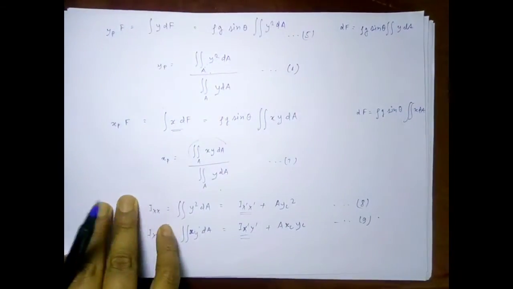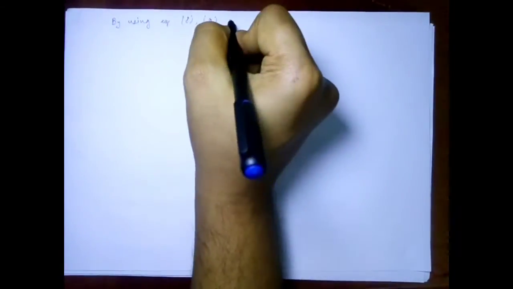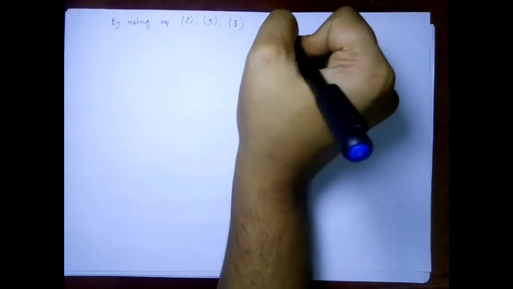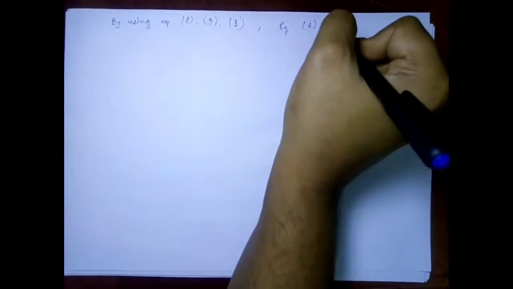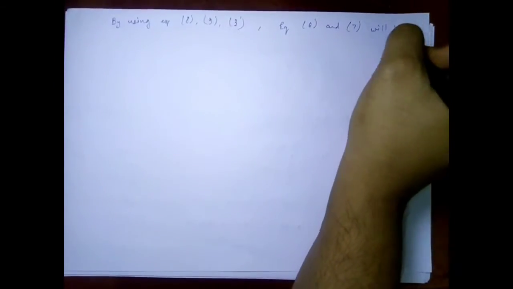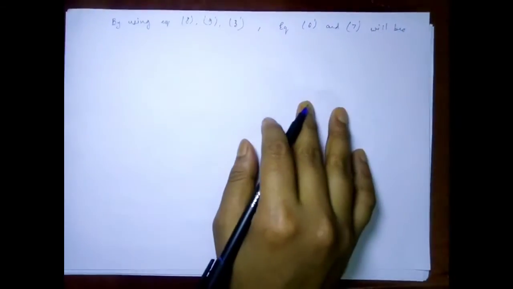So let me write the sentence for you, that by using equations 8, 9, 3, equations 6 and 7 will be, so what was our equation 6?